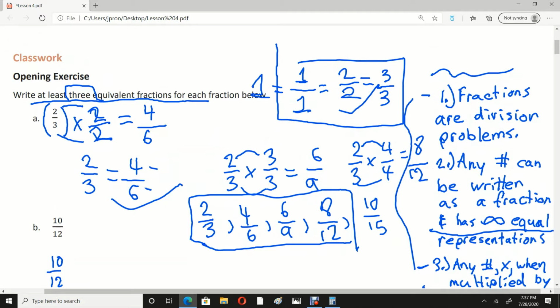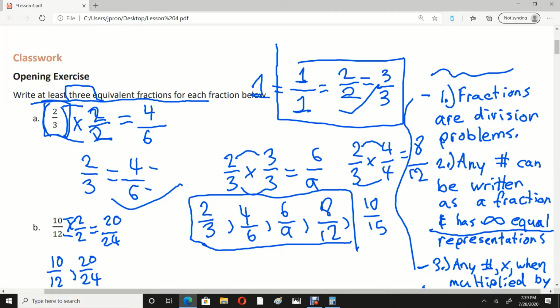For example B, just to start with, we're going to use the same method that we used in example A to find some equivalent fractions. So we'll multiply 10/12 times 2 over 2 to start. That'll get us 20 over 24: 10 times 2, 12 times 2. So an equivalent fraction would be 20 over 24.